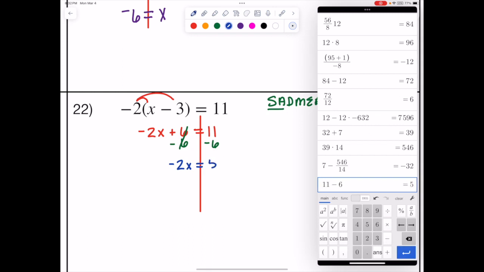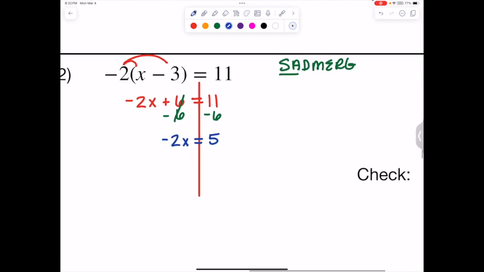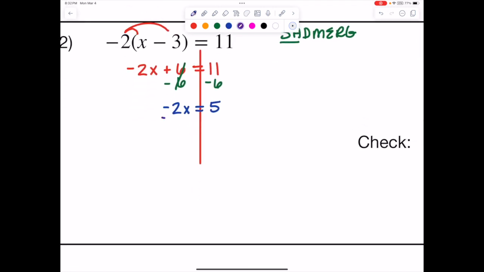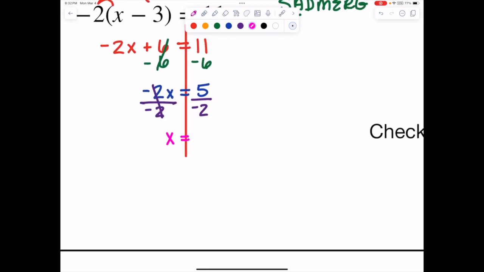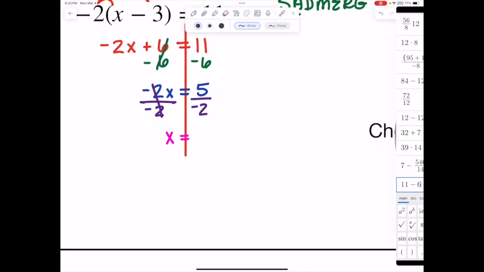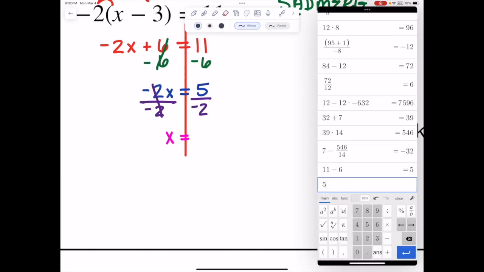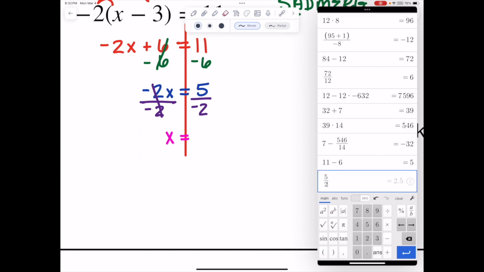I can do the mental math, but it's a test, so I'm being extra careful. Now let's go ahead and divide by negative 2 on both sides, and we're left with x equals 5 halves. Let's see what 5 halves is.